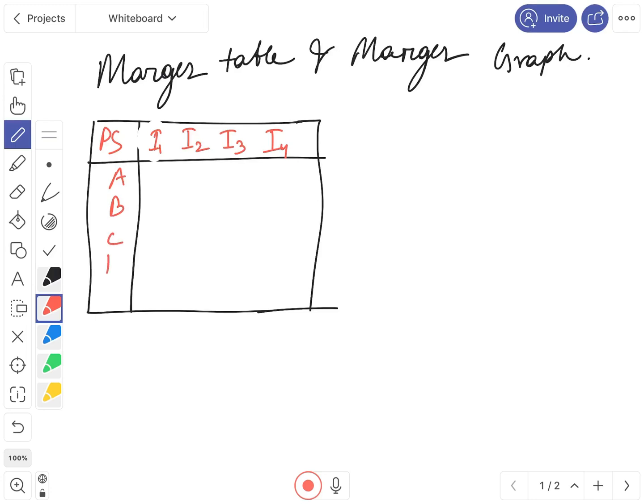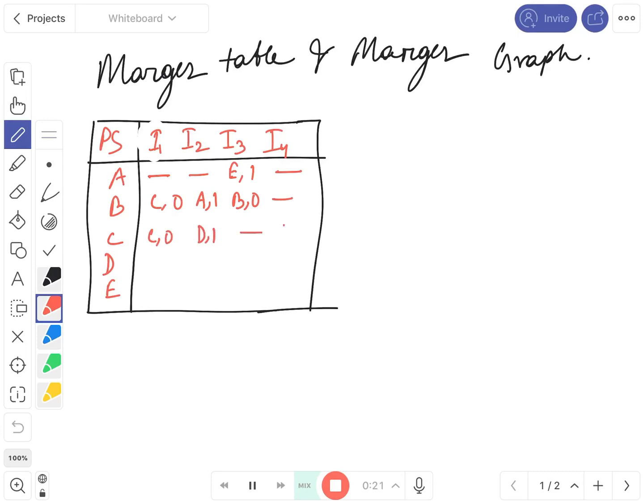Five states. Now for this table, let us see whether any compatibility is possible for A and B or not.